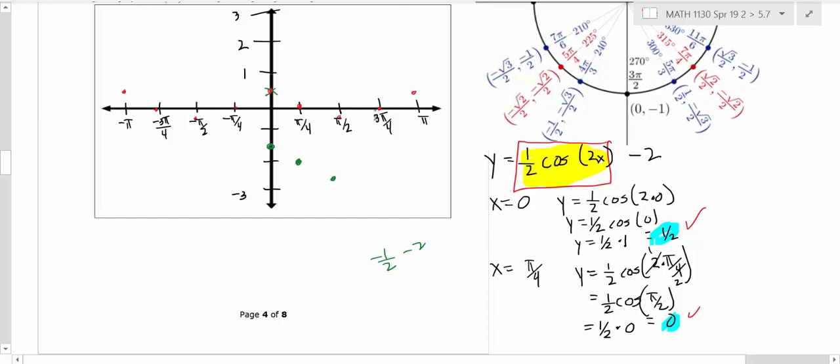And then the rest of it's pretty predictable. That one goes down 2, so it's there. This one goes down 2, so it should match with this one, like that. And then this is what we're going to graph. And then the rest of it, you can just kind of follow the cycle, okay? Because the values keep repeating themselves.